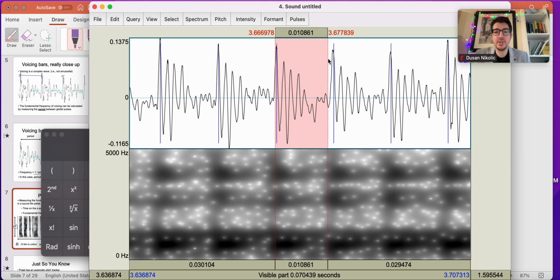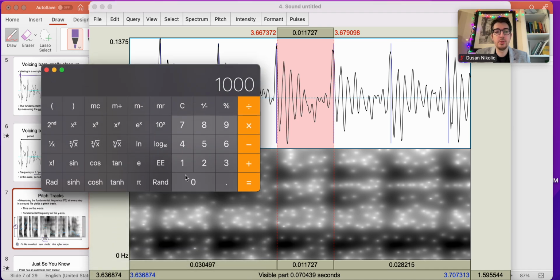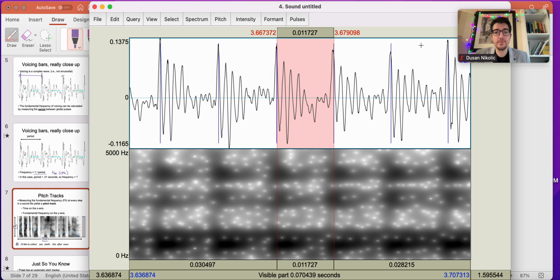It might not be as precise as what I'm going to show you in a minute, but that's okay. It's 0.01. So here, at least the majority of my repetitions should be at a frequency of 100 hertz, because 1 divided by 0.01 is 100 hertz, right?